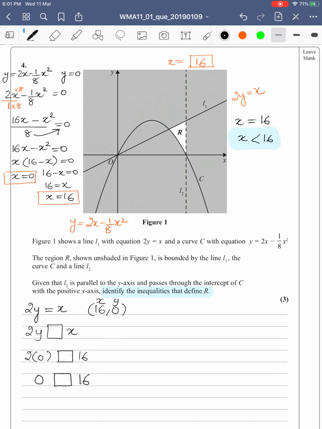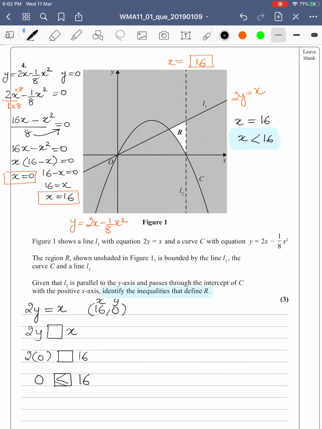So obviously 0 is smaller than 16, but I will make it equal to, because it's a solid line. Alright, if it had been a dotted line like the first one, we would just leave it with the less than sign. Here, since it's a solid line, we include the equality sign as well.